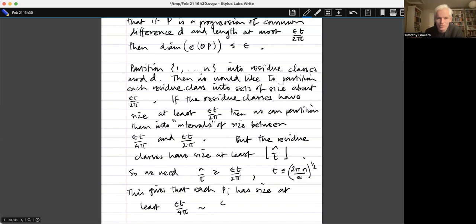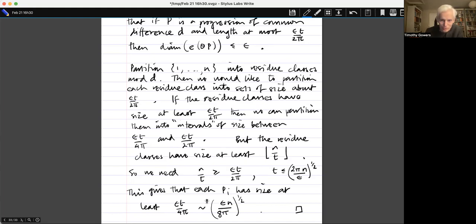So I get epsilon over pi, and that 4 is a 16, so that's over 8 n to the half. Now I actually got 32, and that was because of a couple of moments where I had to be a little bit fussier about integer parts, and that gave me an extra factor of 2 outside the whole thing, which multiplied this number by 4 and got me to a 32.